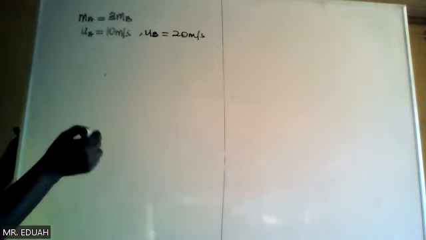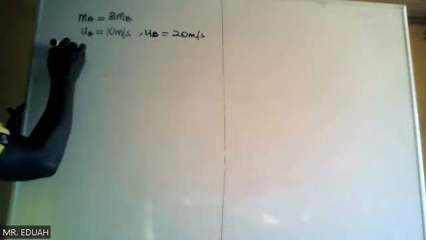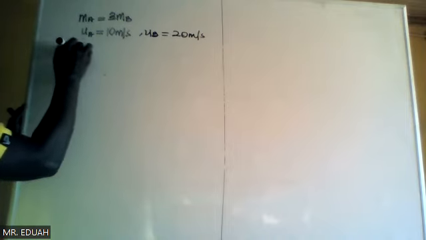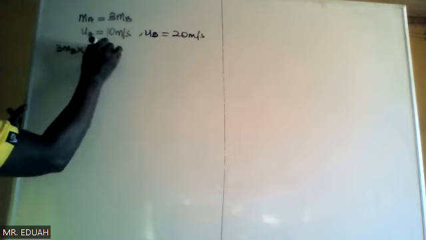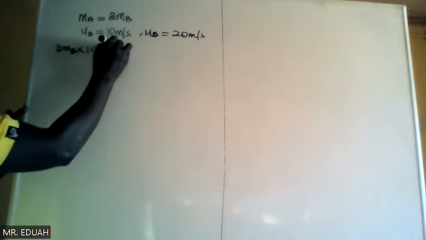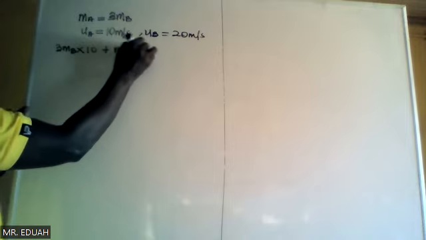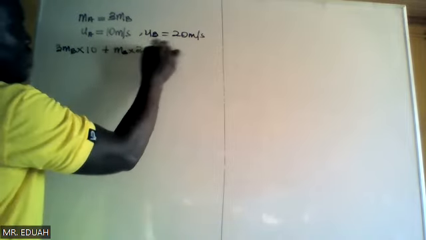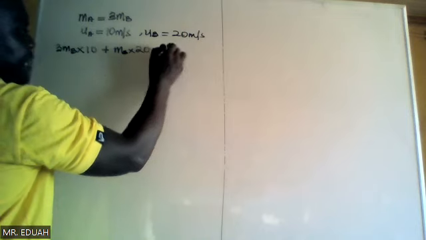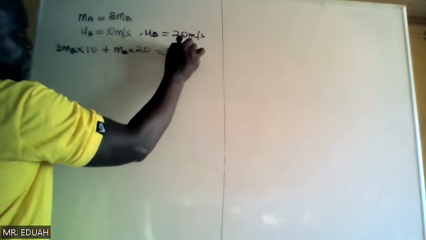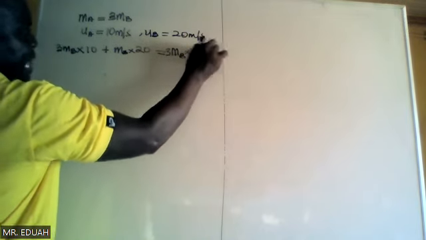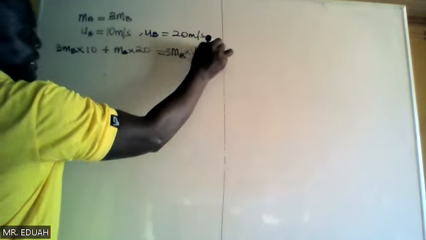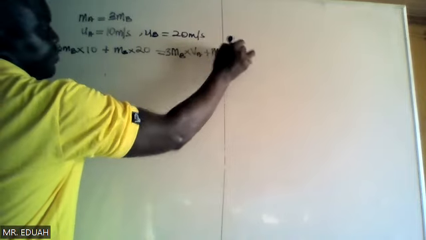Yes, you can write the equation for conservation of momentum. So 3MB times 10 plus MB times 20 is equal to 3MB times VA plus 3 times MB times VB.